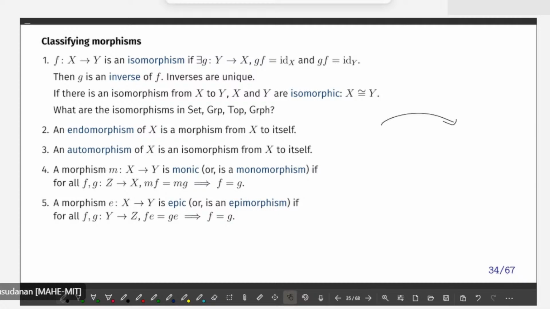So a morphism F from A to B is an isomorphism in the category C if there exists a morphism G from B to A, but not just any morphism, such that G after F, when you apply G after F, is equal to the identity morphism of A. And F after G is the identity morphism of B.